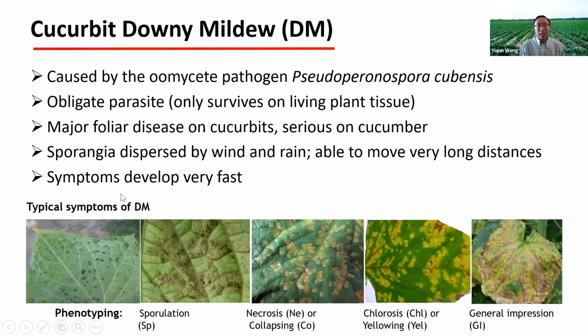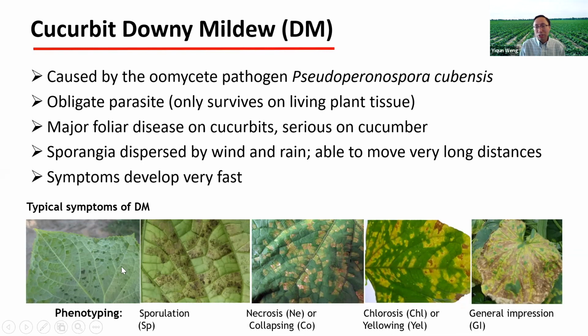You can see the symptoms of downy mildew. I want to emphasize that there are chlorosis and necrotic spots. Based on the symptoms, when we are doing phenotyping, we can use different criteria like sporulation, like here, or necrosis, sometimes we call it collapsing, and chlorosis.